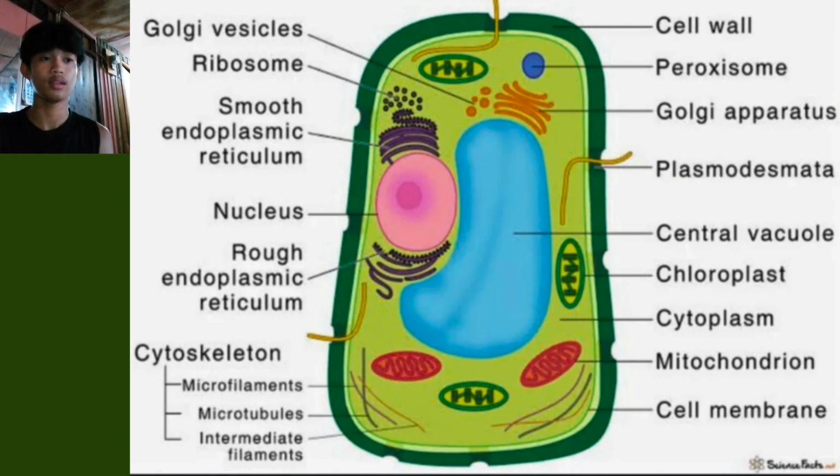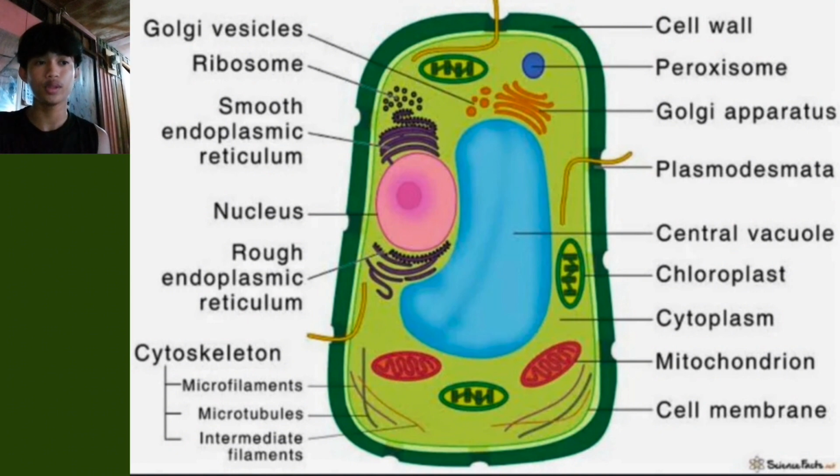Next we have the smooth endoplasmic reticulum. It is a cellular organelle involved in lipid synthesis, detoxification processes, and calcium storage, lacking ribosomes on its surface. So that is the meaning of the smooth endoplasmic reticulum.